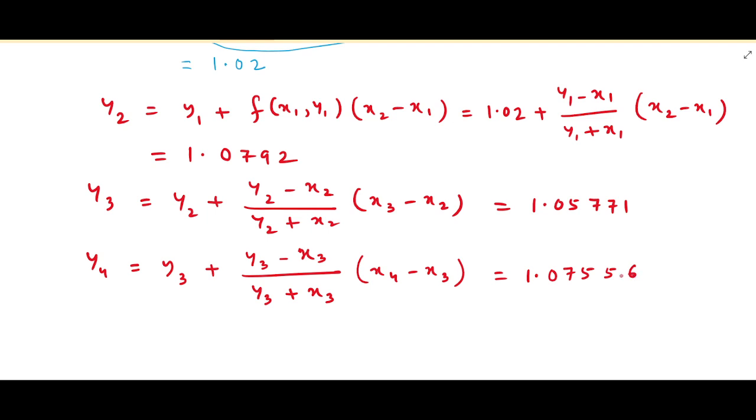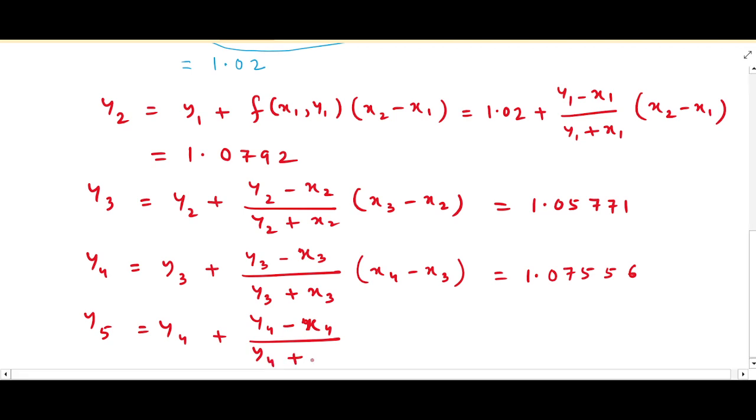And finally, we come to the end. y5 is y4 plus y4 minus x4 divided by y4 plus x4 into x5 minus x4.